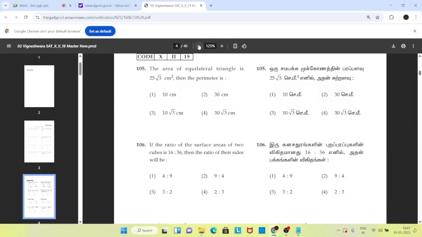So now 16 is to 36. What is the answer? 2 is to 3. 2 is to 3 is the right answer.